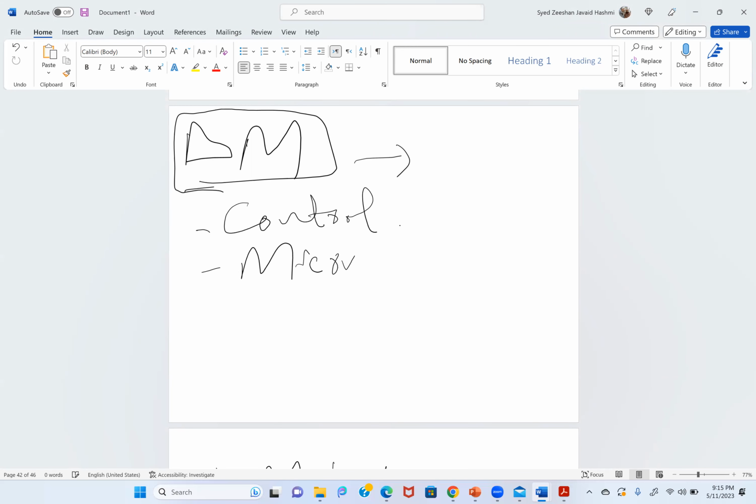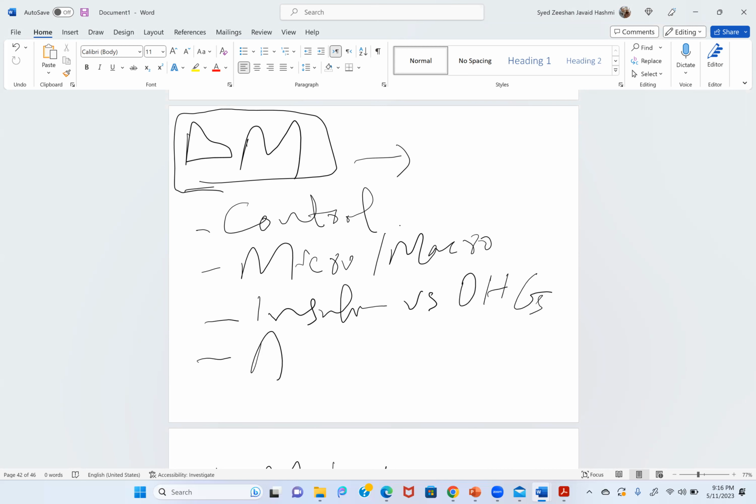His medication, whether he's on insulin or oral hypoglycemic drugs. And airway, yes, sir, airway.